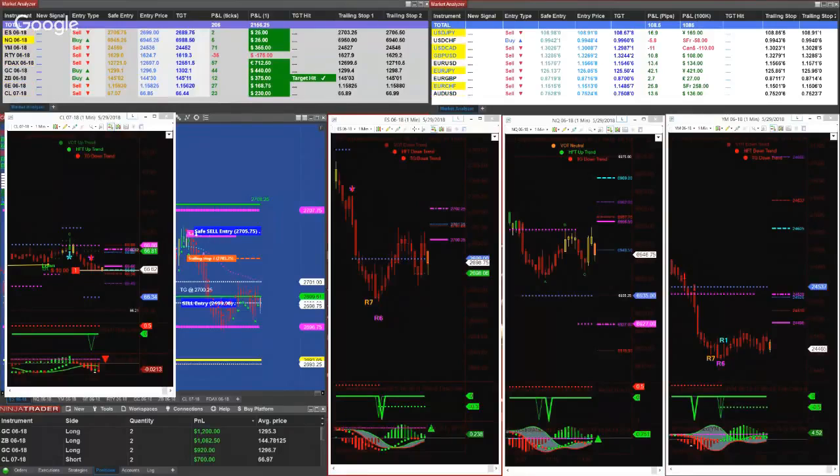If you look at the upper chart on the Nasdaq, you can see the high time frame trend is up.